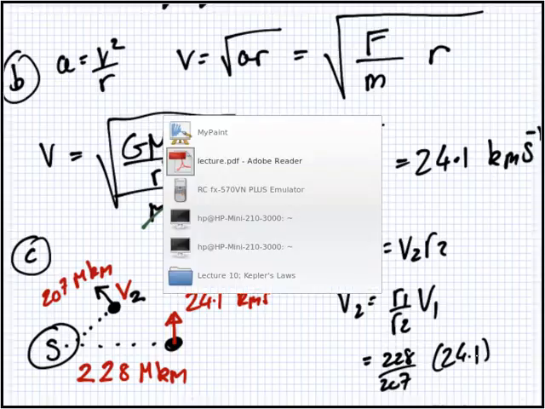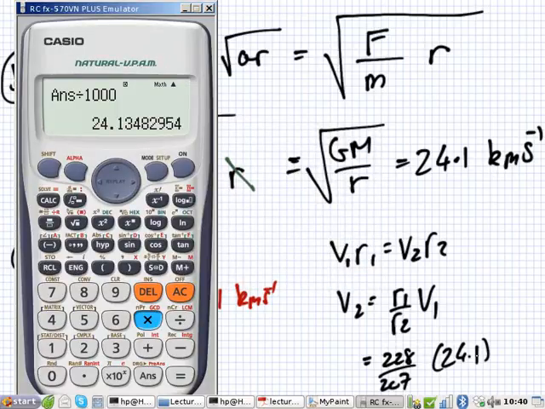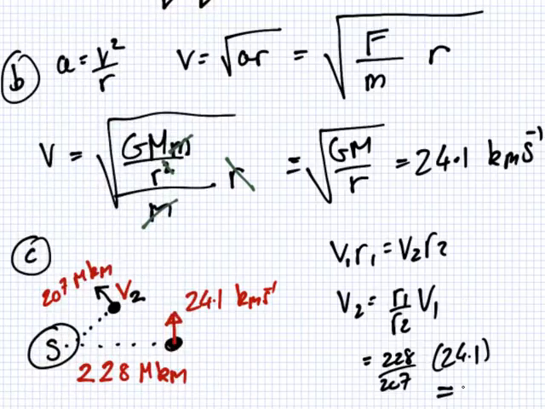So this answer will be in kilometers per second. If I multiply this by 228 and then divide it by 207, about 26.6. So it'll be going faster, 26.6 kilometers per second.